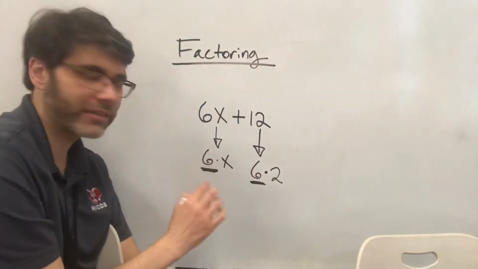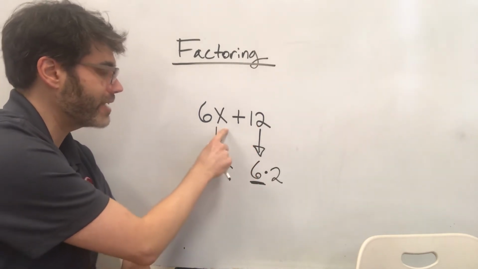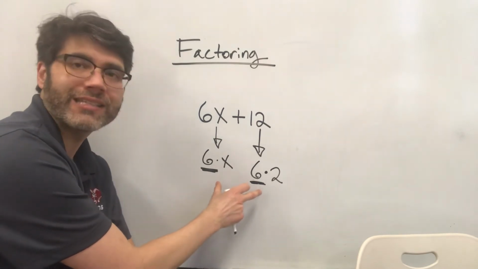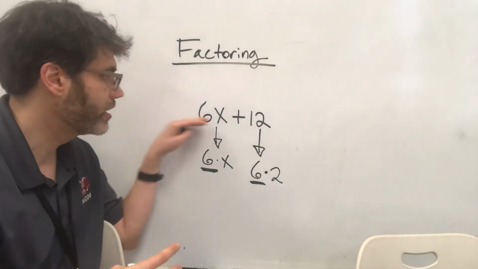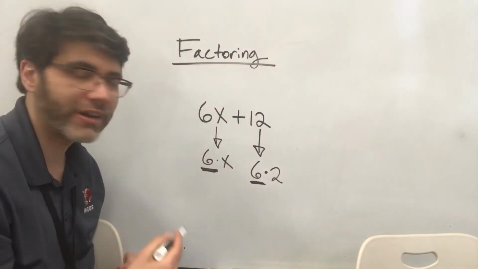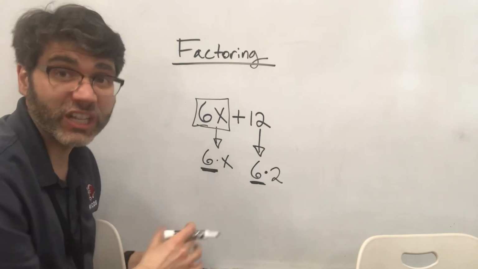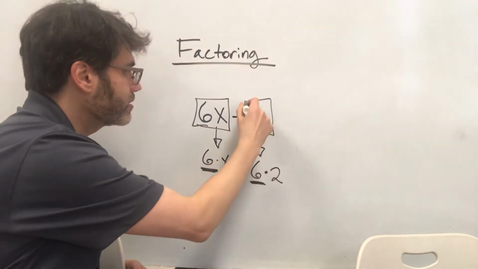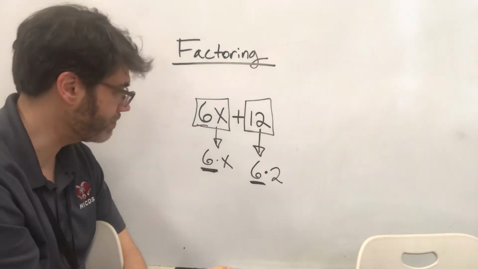Now do you see that there's a common factor between both 12 and 6x? What is that common factor? That common factor is 6. Okay? So that's how we start to factor these expressions. We try to find a common factor, and maybe the largest common factor between these two numbers that are being added, or sometimes they're being subtracted, okay?